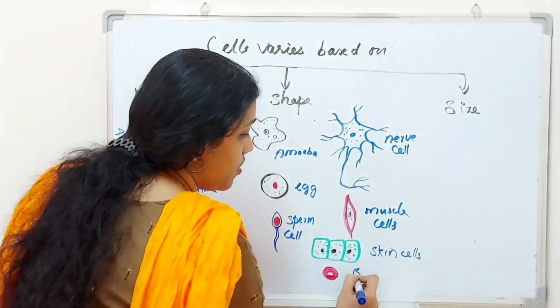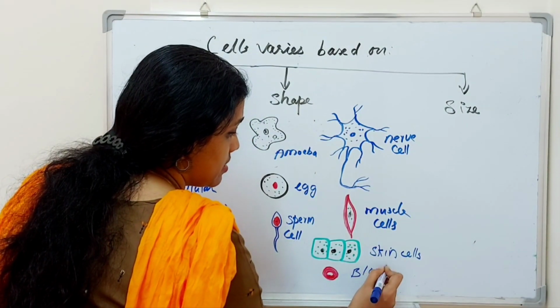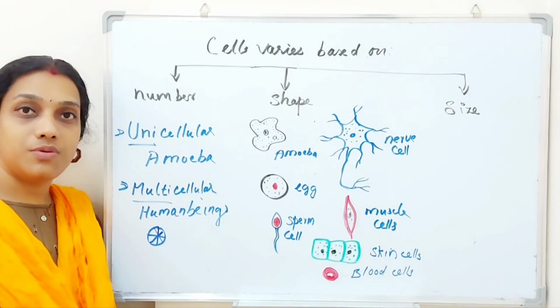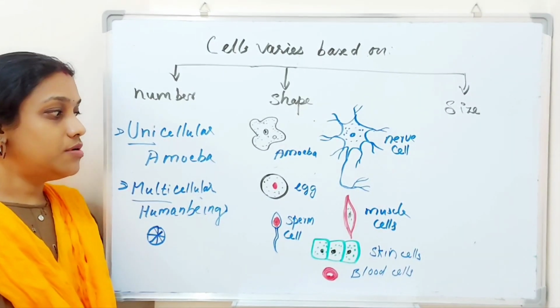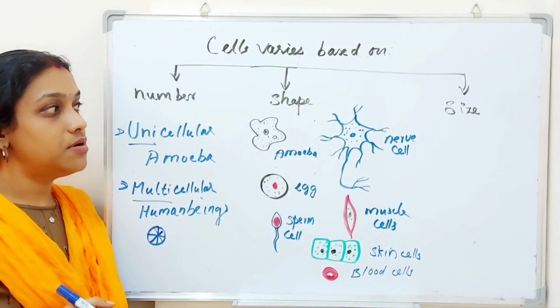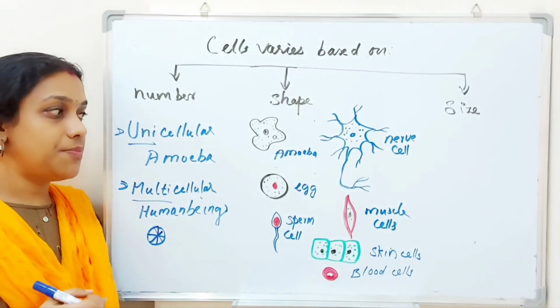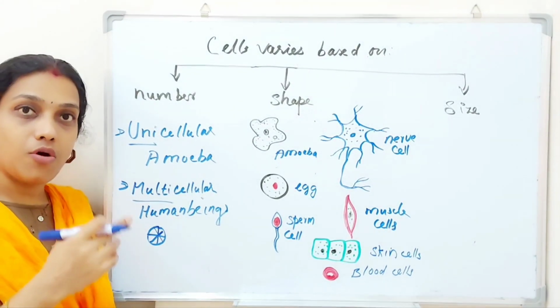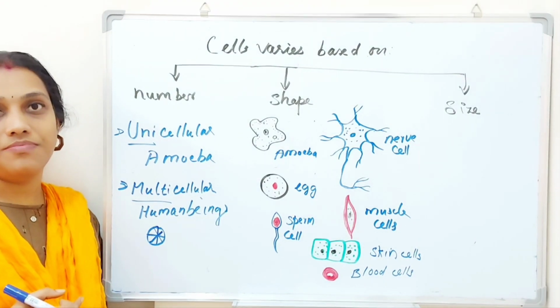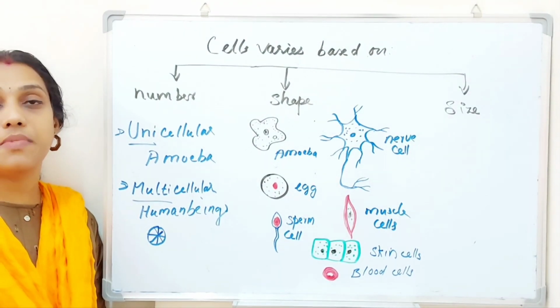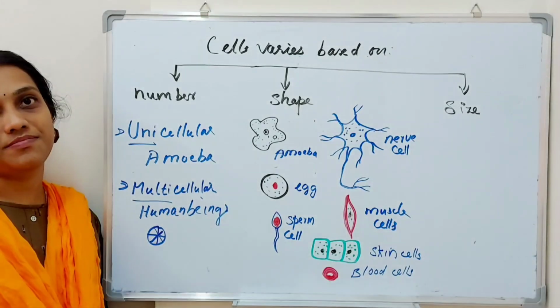Blood cell is an example of a spherical cell. So there are various shapes for cells. It may be irregular, then round, tadpole shape, then elongated branched type, spindle shaped, column type, or even spherical cells. These are the types of cells based on their shapes.